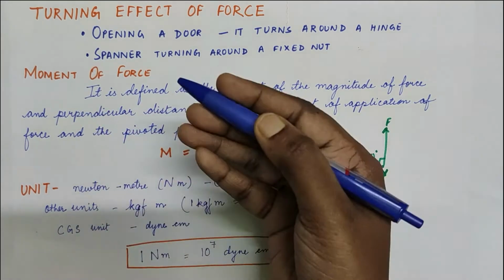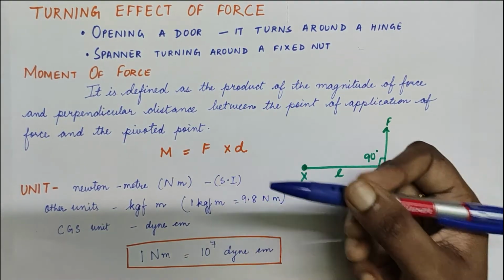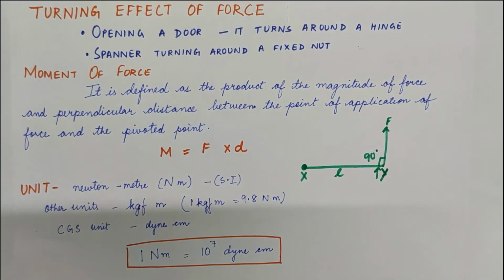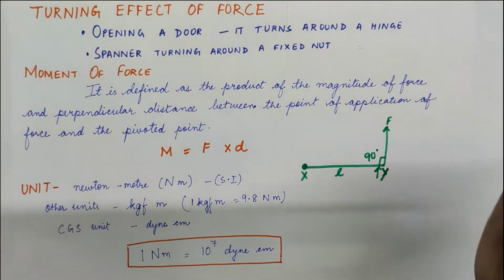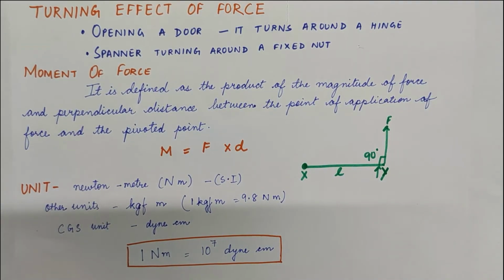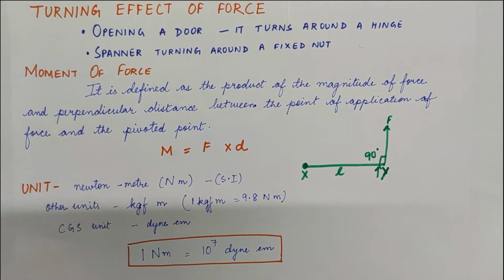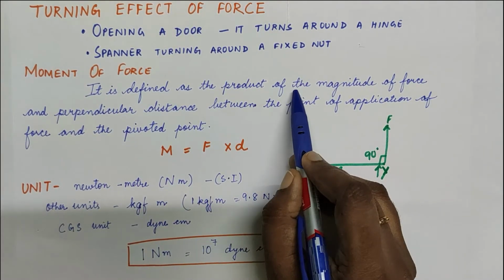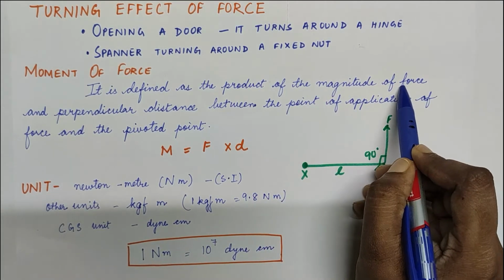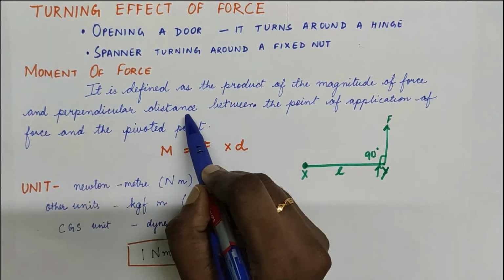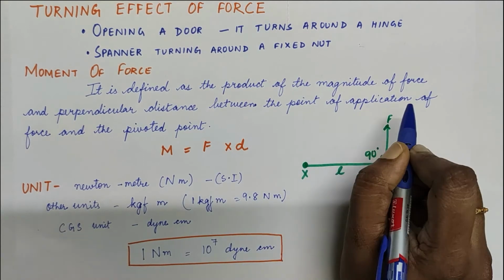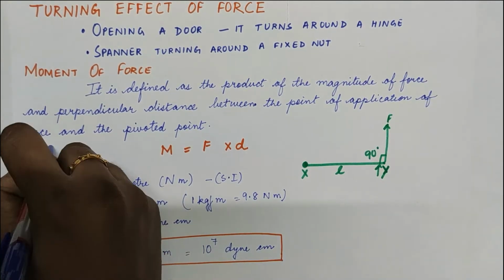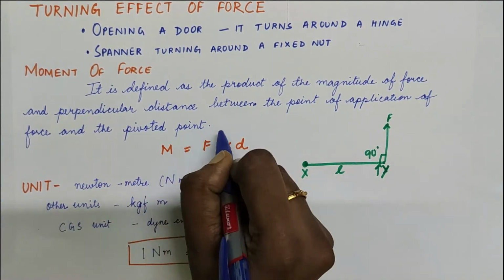So what is the moment of force? Moment of force comes from the turning effect of force. Let us see the definition. Moment of force is defined as the product of the magnitude of force and the perpendicular distance between the point of application of the force and the pivoted point.